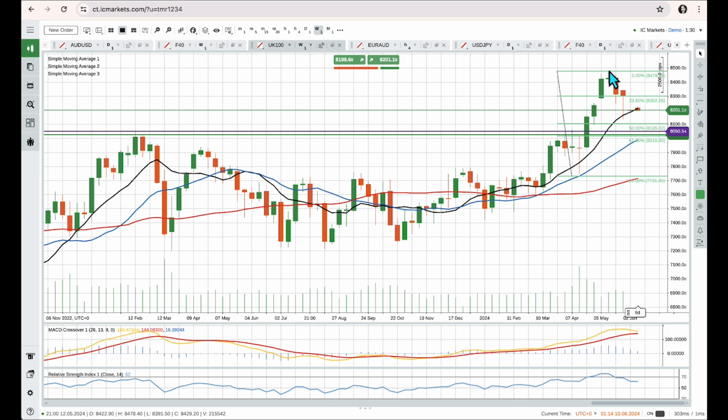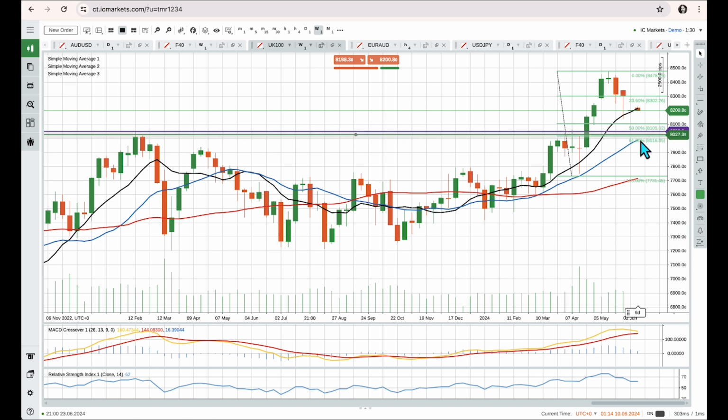So currently we are in the process of pulling back, and what I'm looking for is a pullback into this level. Once again here I drew the Fibonacci retracement of this latest weekly move from the low to the high, and we can see that we've got that 61.8% retracement clustering with that level.